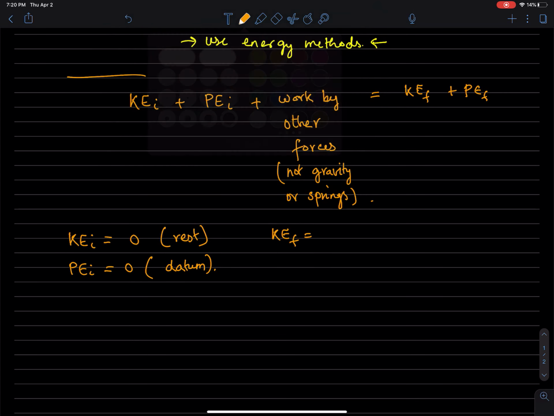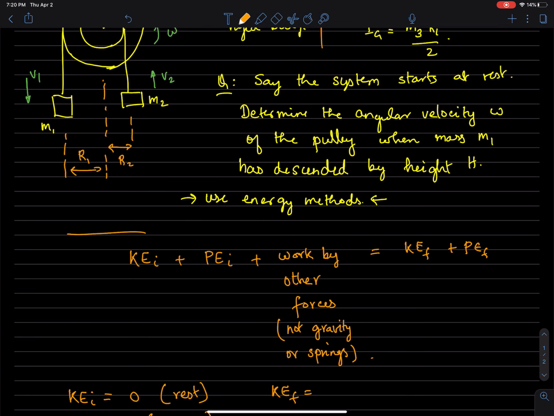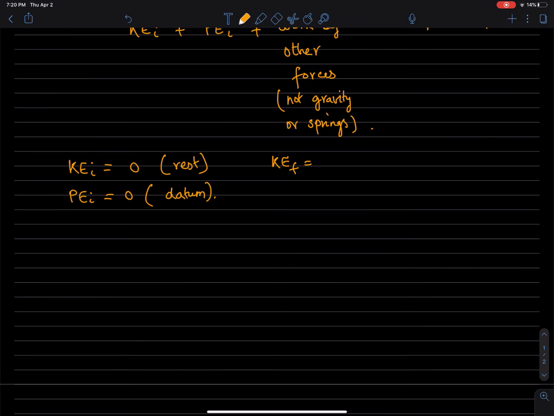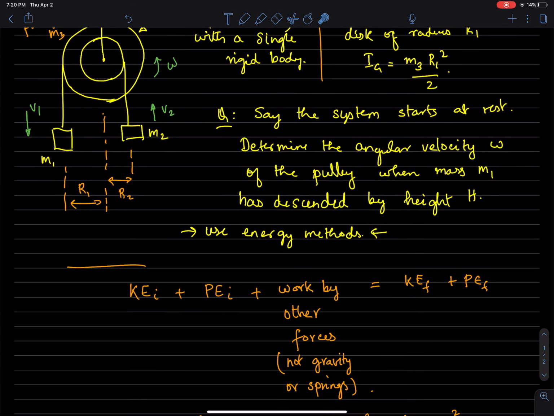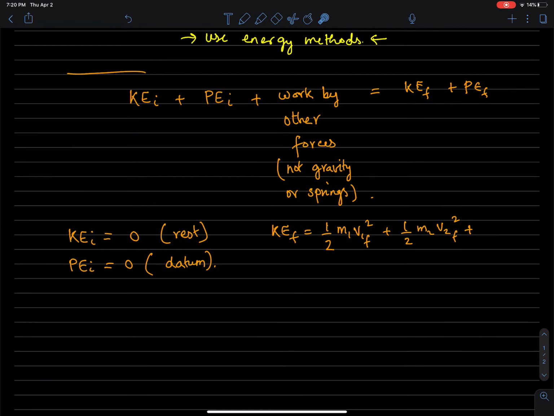Once you have the sign convention, we can say mass m1 is moving at velocity v1, so the kinetic energy for that is half m1 v1 final squared, plus similarly half m2 v2 final squared, plus we also need to add the kinetic energy of the pulley itself.